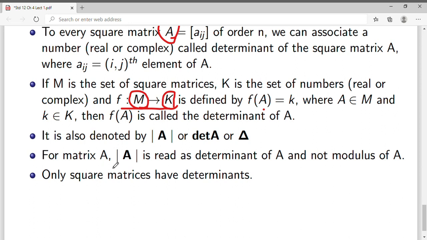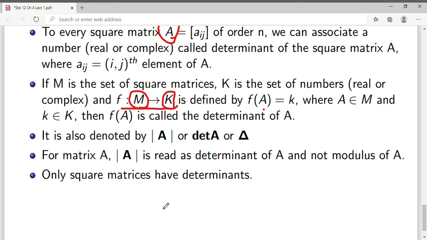Now, how do we denote the determinant in symbolic form? It is denoted by det A, or we can write |A|, or delta. For a matrix A, the determinant of A is read as determinant of A and not modulus of A, so we should take care of this.